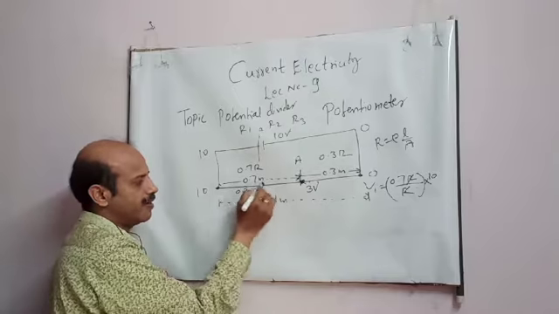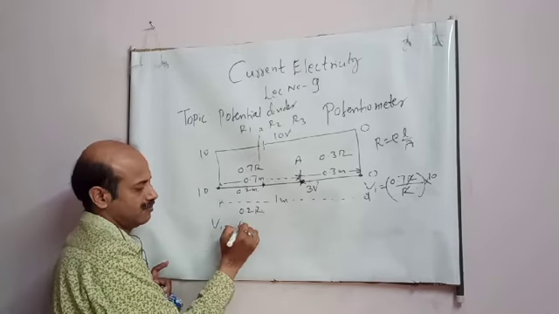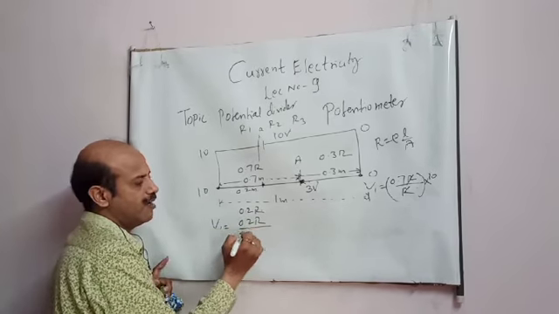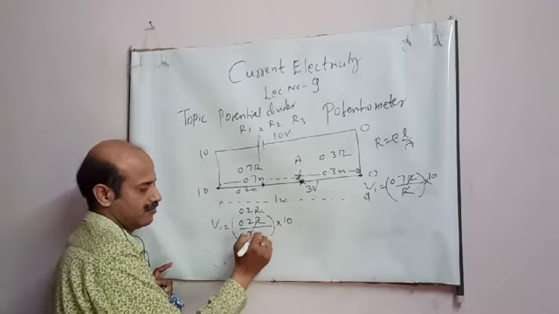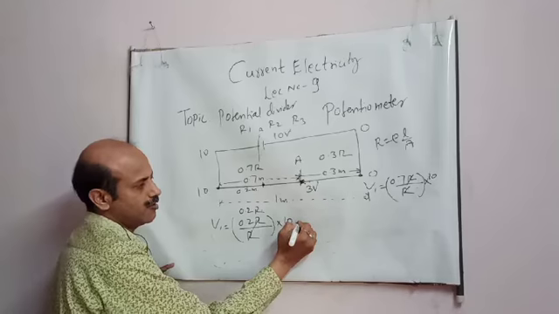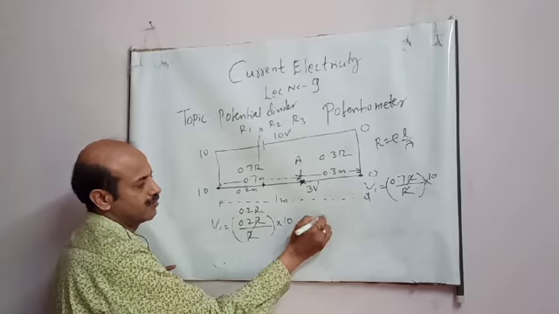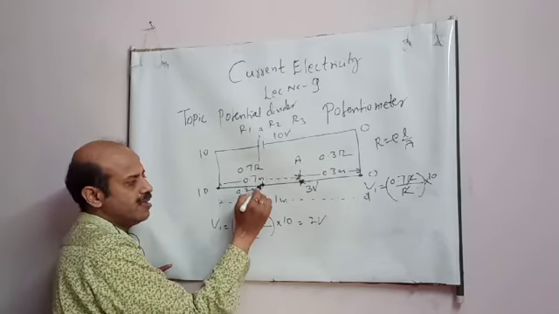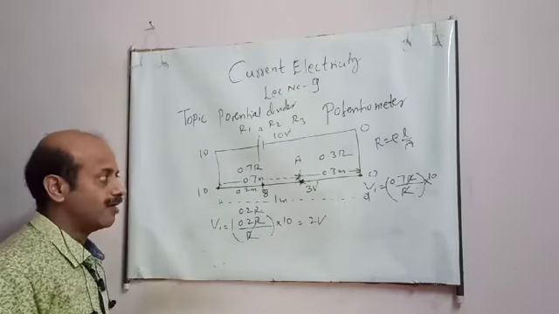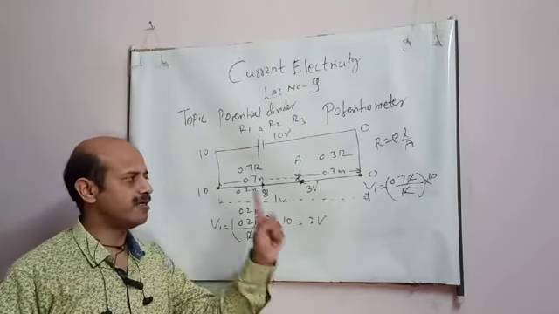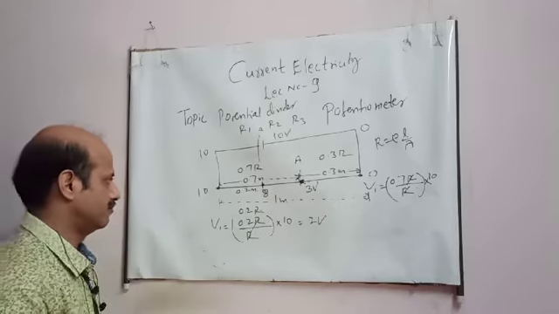Now the potential divider formula: R1 upon total R, into 10. See, it is 2 volt. So the potential difference is 2 volt, which means here the potential is 8. Like this, you can find the potential at any point.